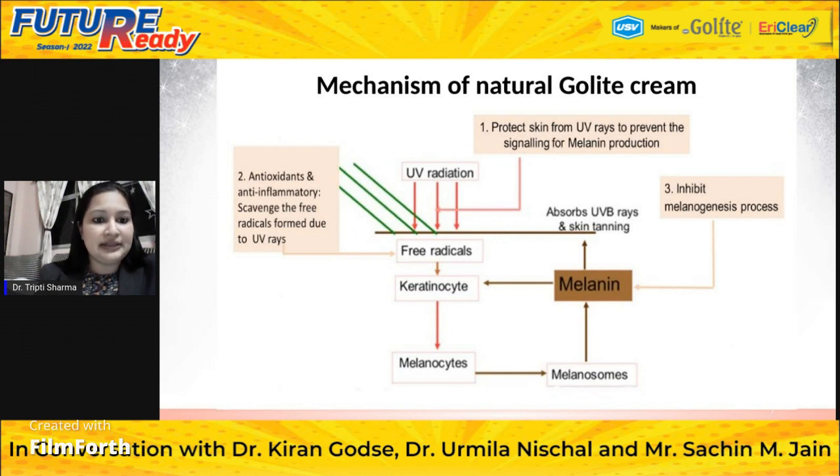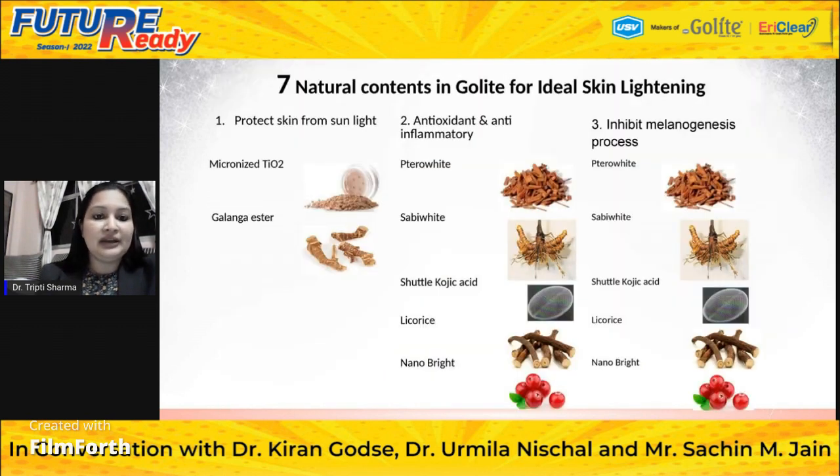It acts as an antioxidant and anti-inflammatory, scavenging the free radicals caused by UV rays, and it also inhibits the melanogenesis process. It is formed of 7 natural contents, which is ideal for skin lightening.